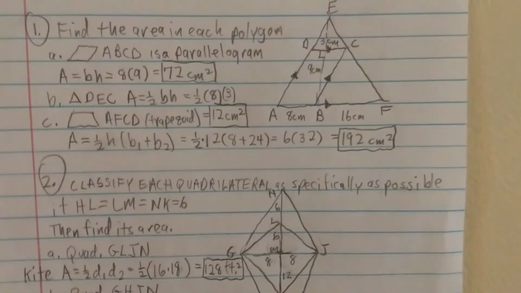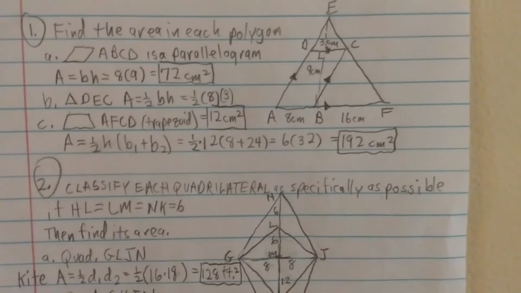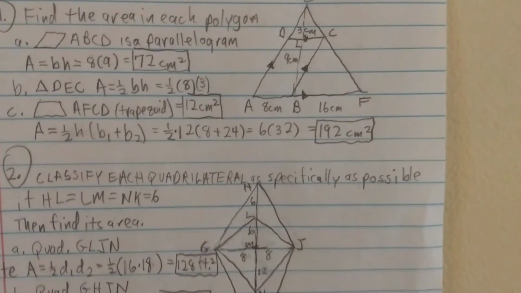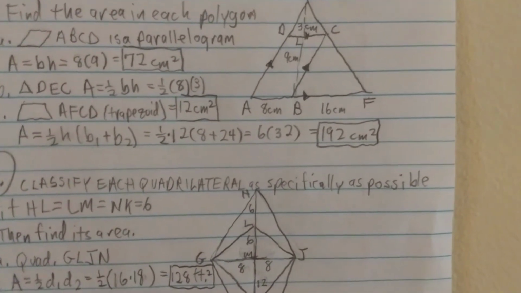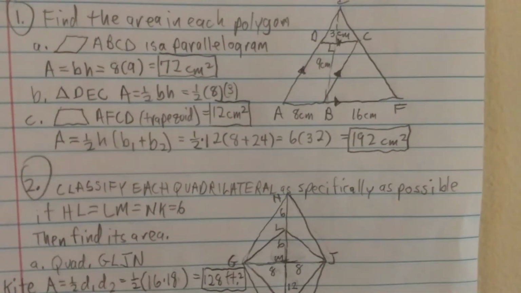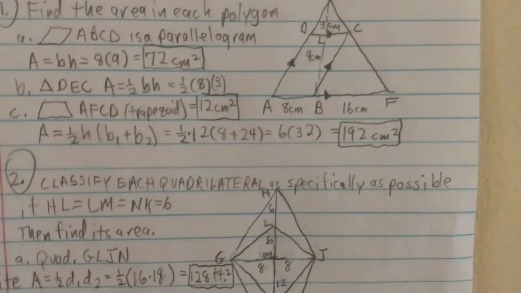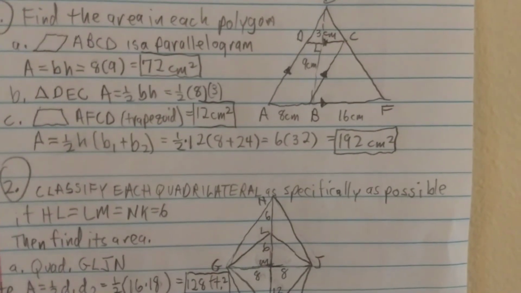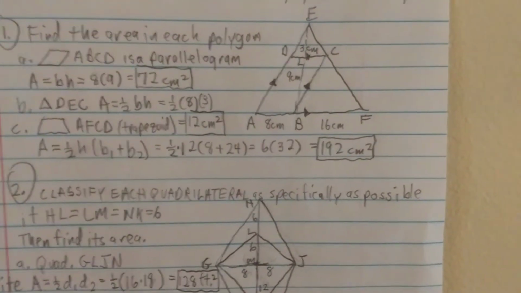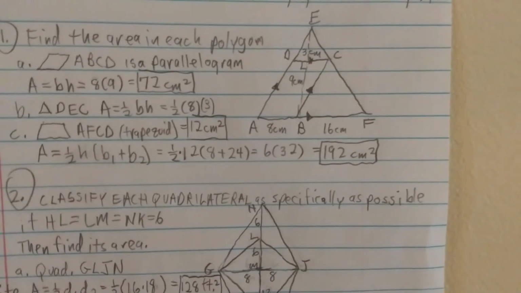So here we go, 1/2 height times B1 plus B2. So what we have is 1/2 times 12, because the height is 12, and then the bases are 8 plus 24. So we have 1/2 of 12 is 6 times 32 is 192 centimeters squared.